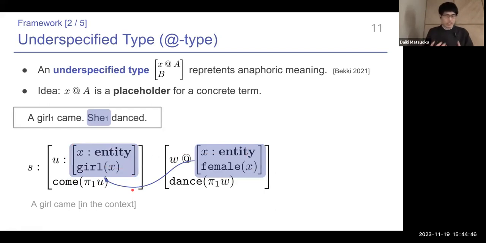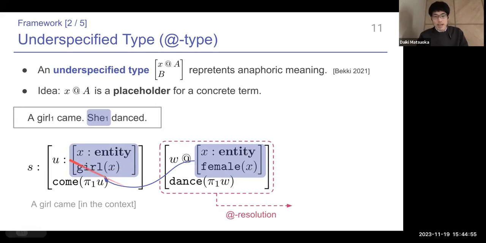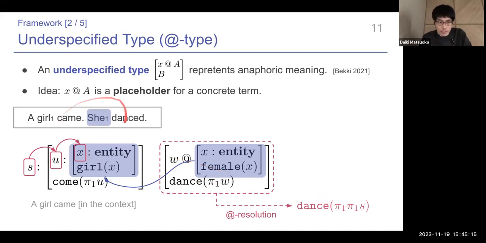Of course, we need to use some world knowledge that every girl is female, but apart from that, it is very easy to construct such a proof. We can then remove this aspirant by replacing this W, and we obtain this rewritten type, which doesn't include the aspirant, that's pi1 s. Again, pi1 is a function that takes the first element, so this term refers to X. This is intuitive, right? Because this she refers to the entity introduced in the first sentence.